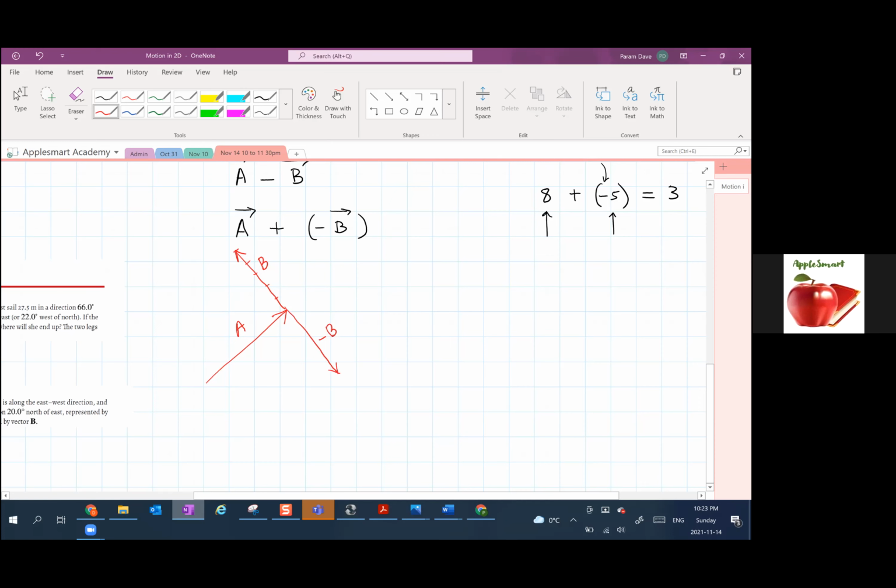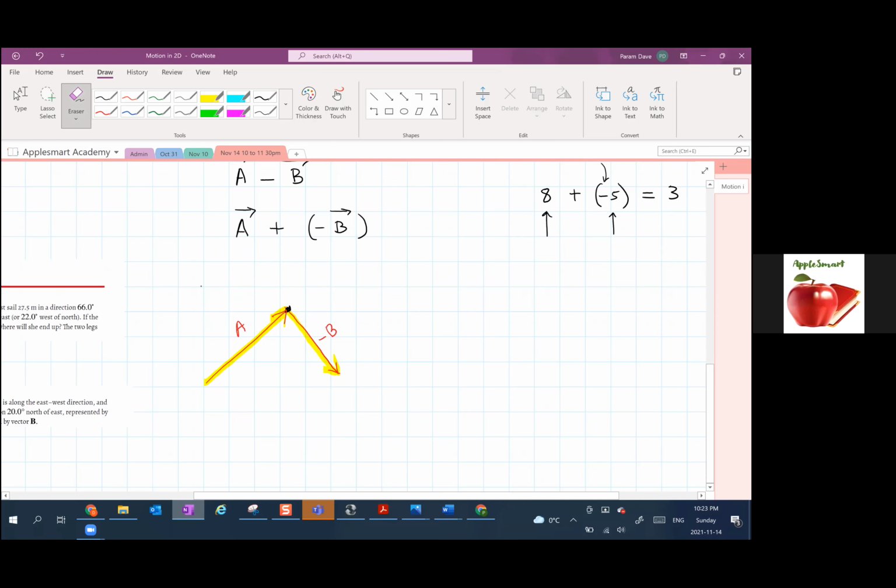And so now I need to add A with negative of B. So these are my two vectors that I would add. And I've already drawn them head to tail. Look, head of A is connected to tail of negative B. And now I don't need the B here. I just drew it there.